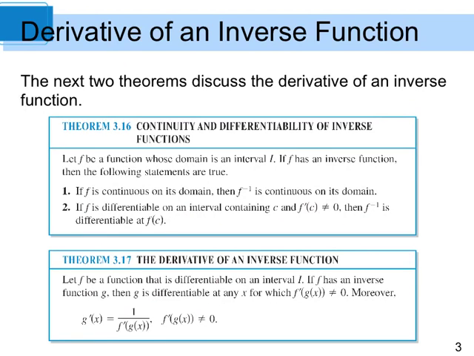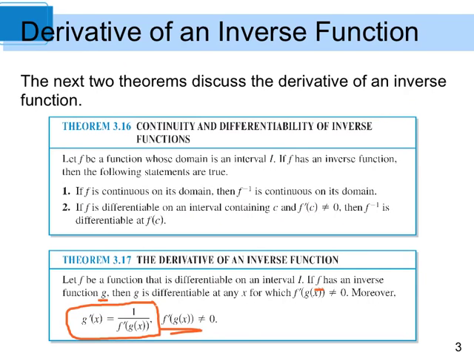Now here is your main theorem, and I'm going to rewrite this in inverse function notation as well. Make sure you see that f and g are inverse functions. If f has an inverse function g, then we are going to be able to find the inverse function's derivative using this formula. And if I use f inverse notation, obviously the denominator cannot equal 0.